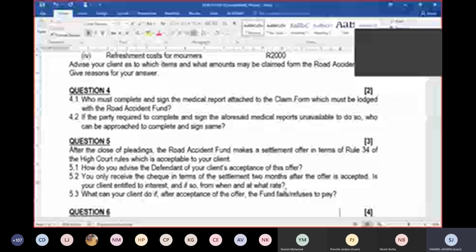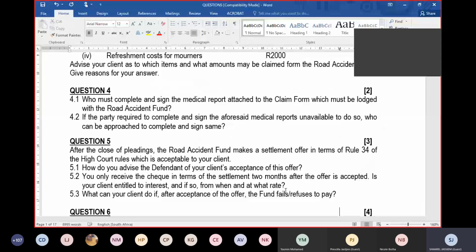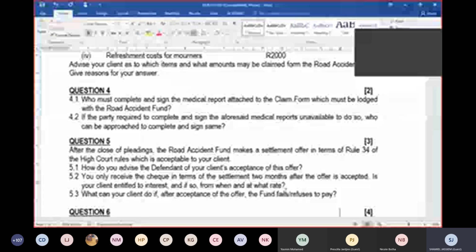There's an offer, there's an acceptance. You make the offer an order of court. You don't even need to issue summons. You can obtain judgment in terms of that offer and acceptance. So you just go to court and make the offer and acceptance an order of court and apply for judgment.